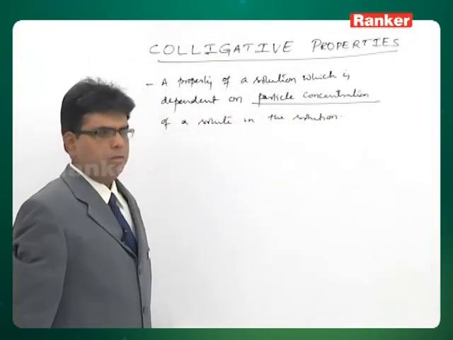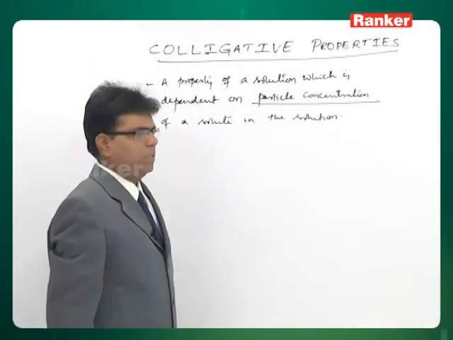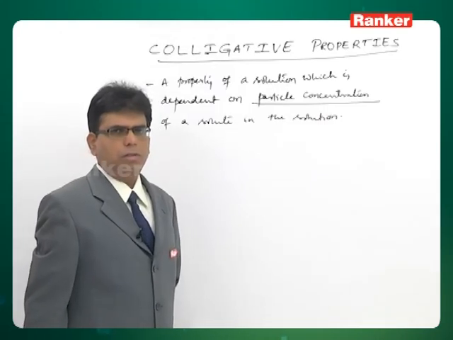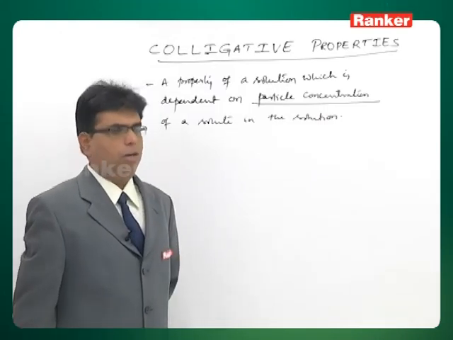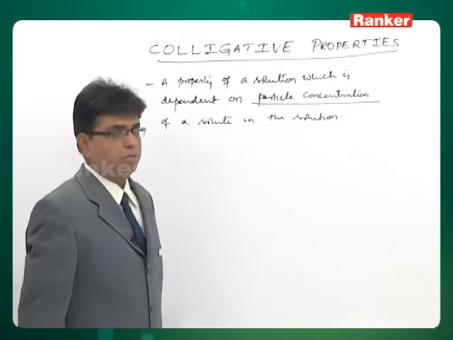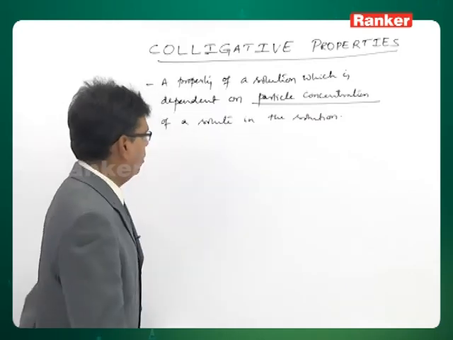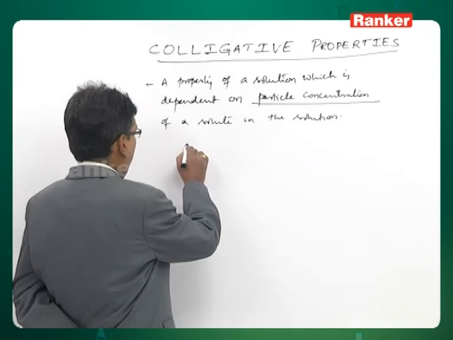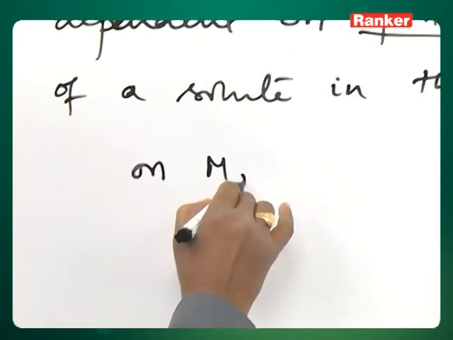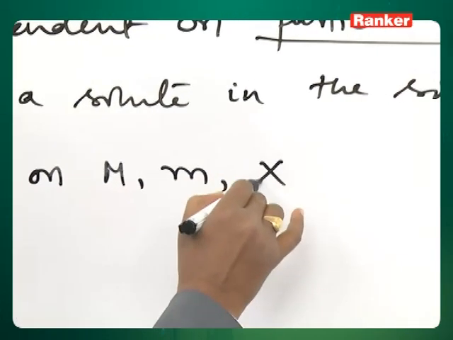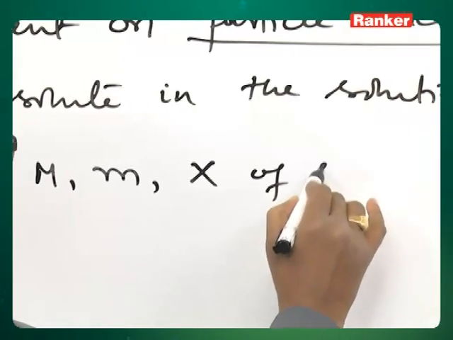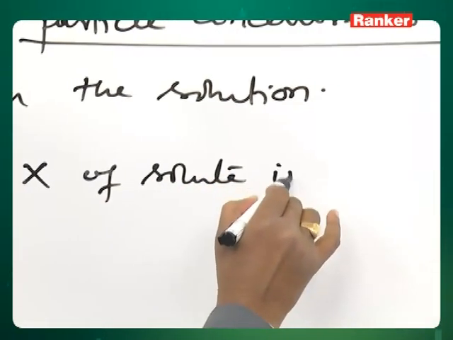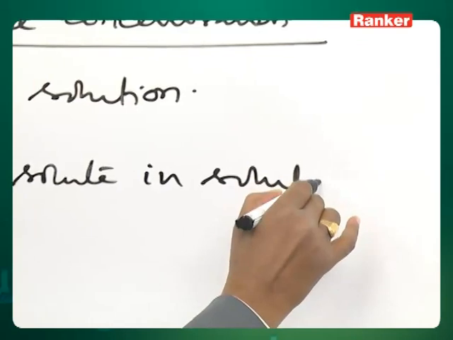So, the meaning is, it is a property of a solution which is dependent only on particle concentration of the solute, means it is dependent on molarity or molality or mole fraction of solute in solution. That is what concentration means.